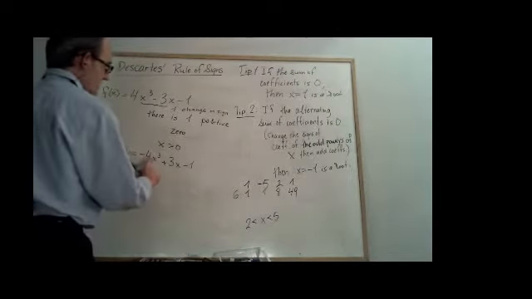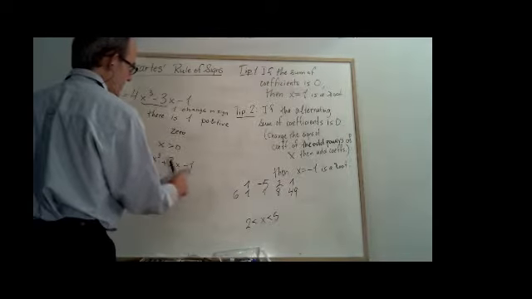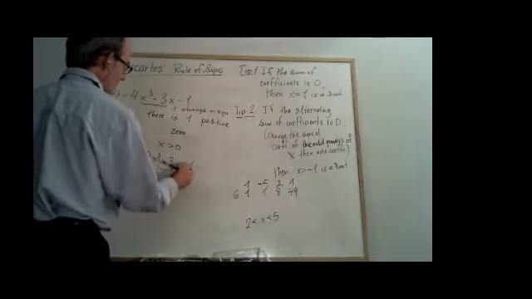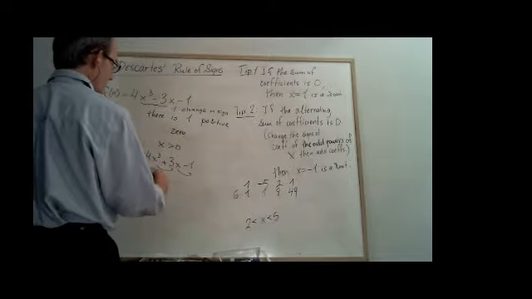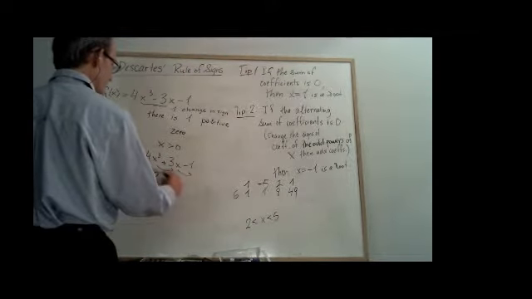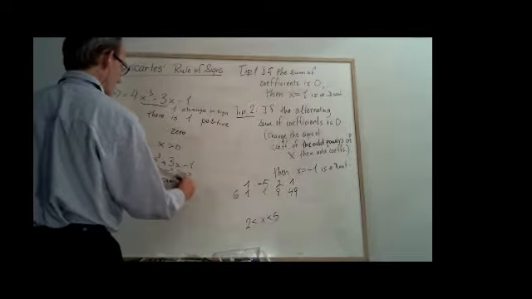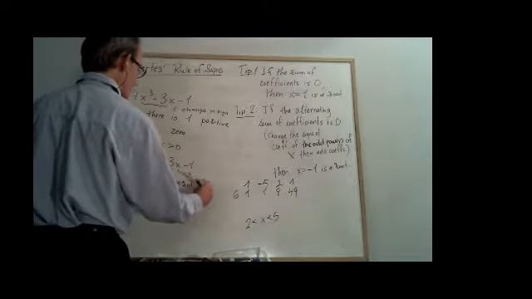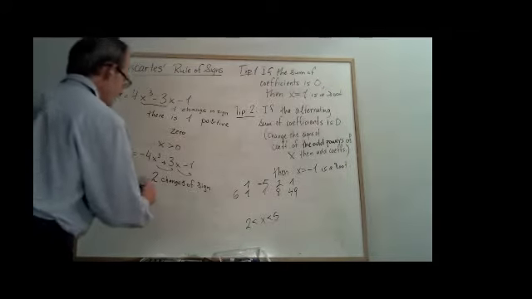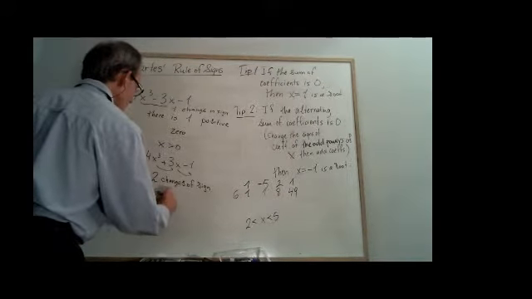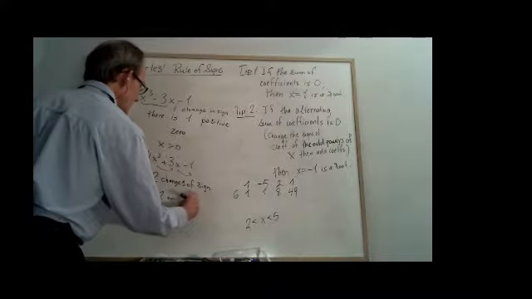Then you count the changes in sign. You get one here and another one here. So there are two changes of sign. Now what that means is that there are either 2 or 0 negative roots.